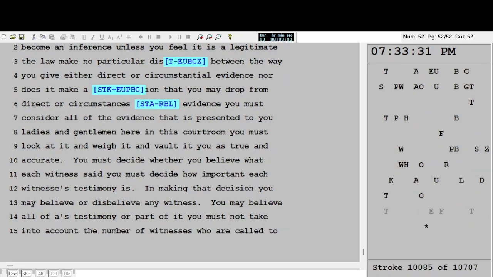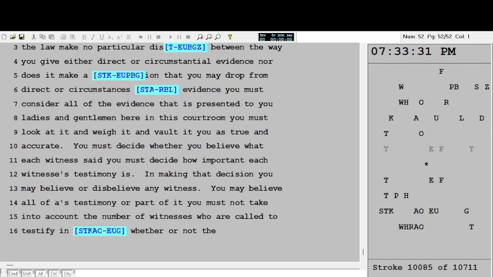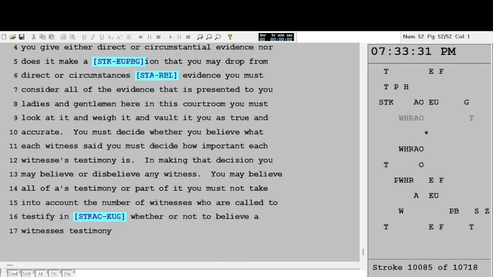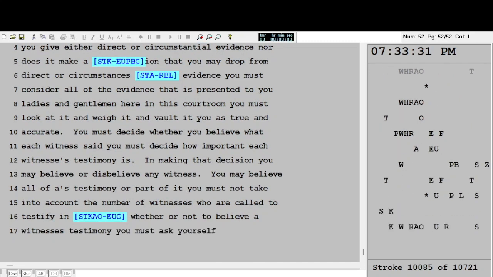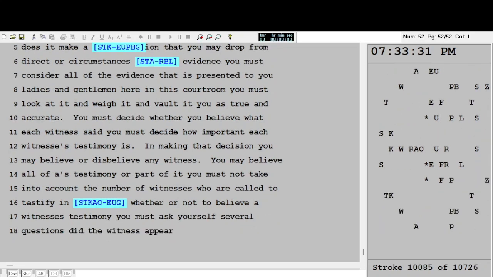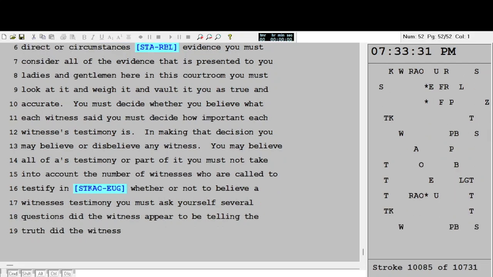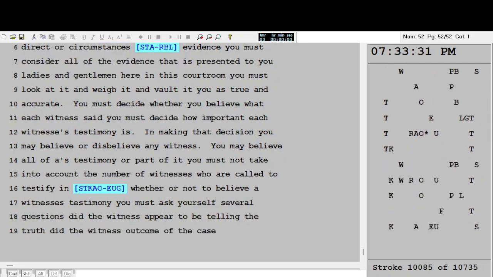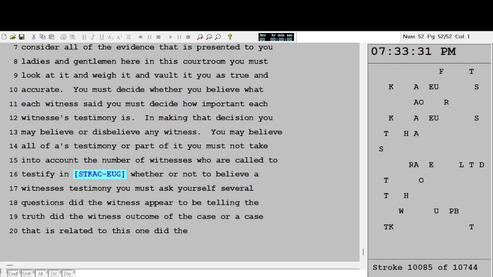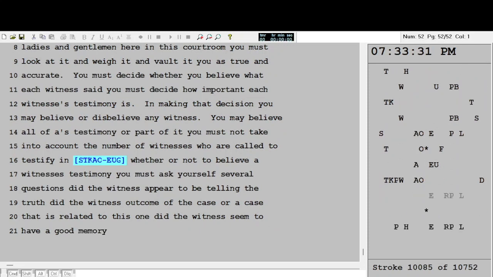In deciding whether or not to believe a witness's testimony, you must ask yourself several questions. Did the witness appear to be telling the truth? Did the witness have any personal interest in the outcome of the case or a case that is related to this one? Did the witness seem to have a good memory of the events relating to the case?